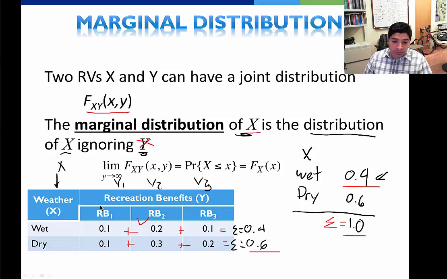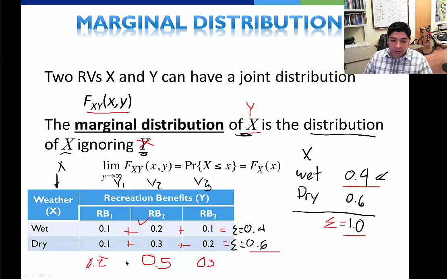And we can do the same. What is the probability that recreational benefit happens? So for the probability of y, we can get the marginal distribution of y, and in this case we'll be obtaining the probabilities of these 3 happening regardless of the weather. The marginal distribution of y will be 0.2 for RB1, 0.5 for the next, and 0.3 for the last.